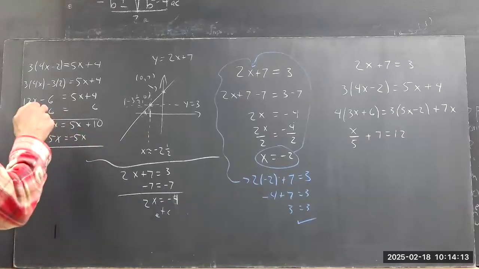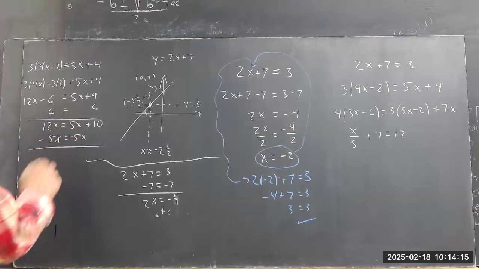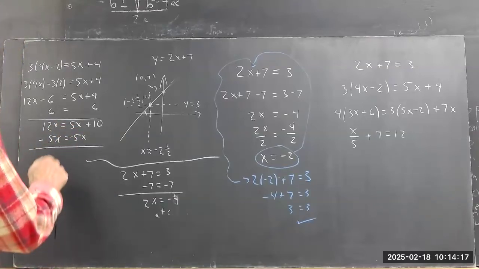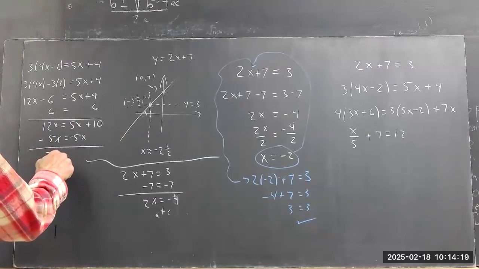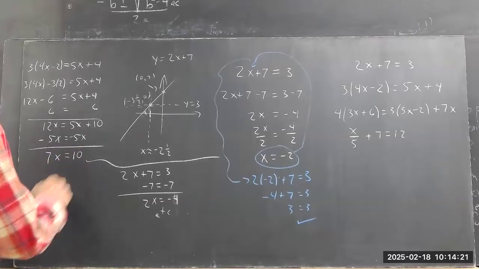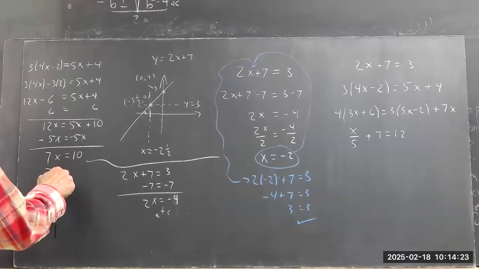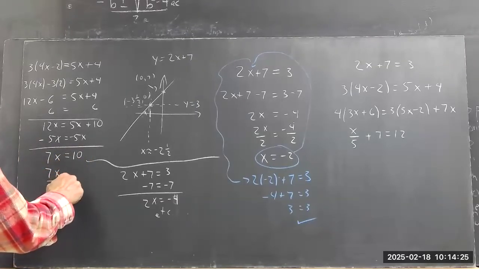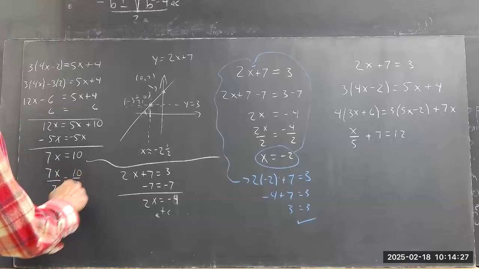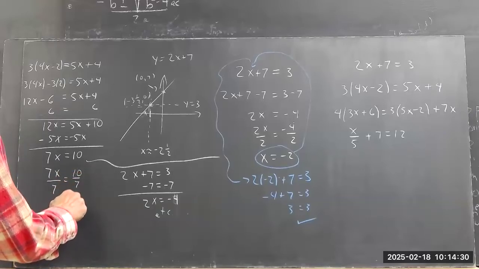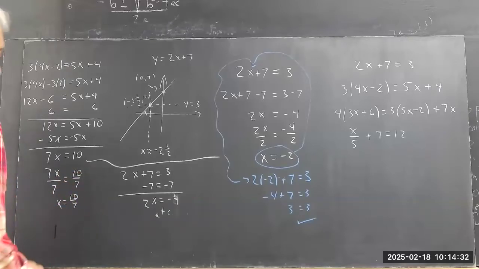Or we add the equation negative 5x equals negative 5x, which gives us the equation 7x equals 10. And then we divide both sides by 7, then we get x equals 10/7.